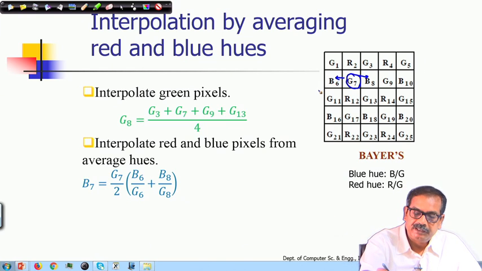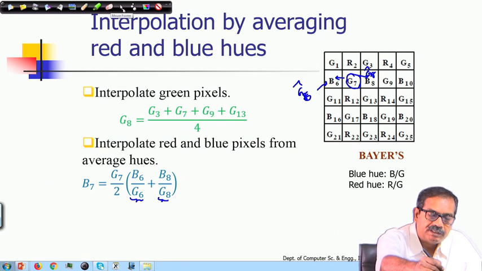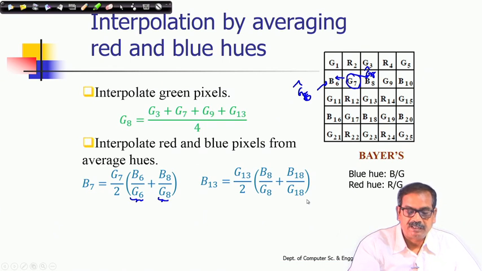Since you have already interpolated green, we have the estimations of G6 and G8 available. So, I can compute the blue hue in those neighboring locations, and you take the average of them. You divide by 2 and then multiply with G7, and that is how you get the blue value at that location.